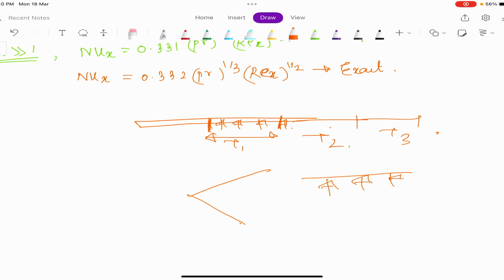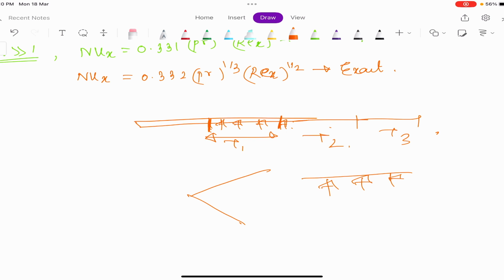Up till now, whatever I have taught on external forced convection, those were the basics. I will cover the advanced topics again after it, but for the time being I will switch the discussion to internal forced convection.